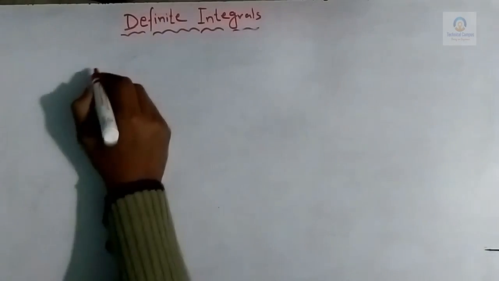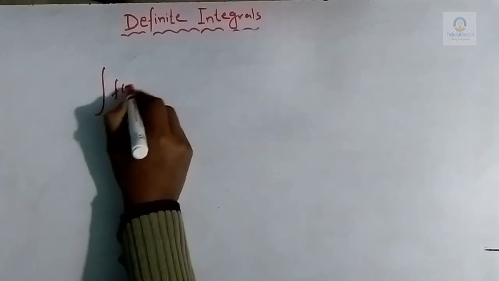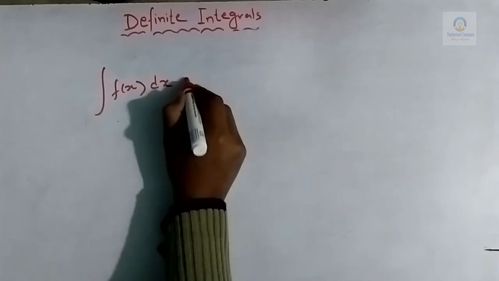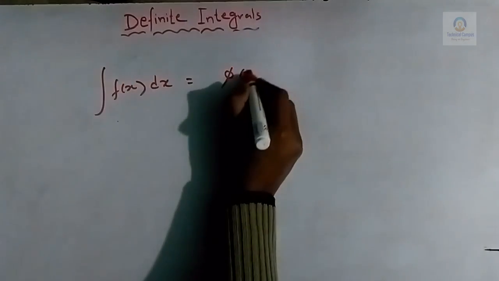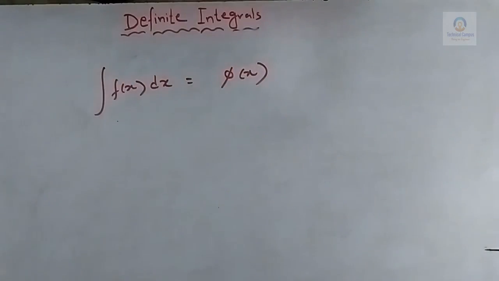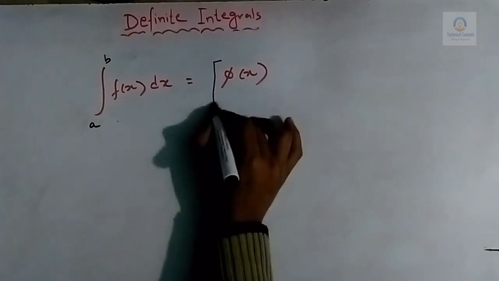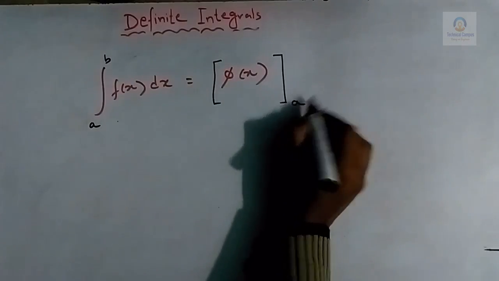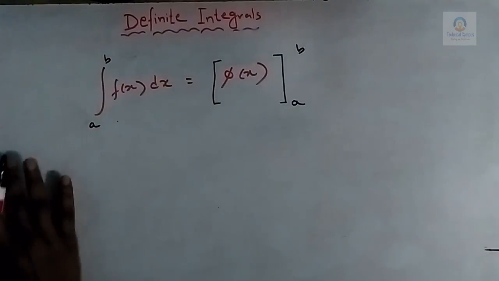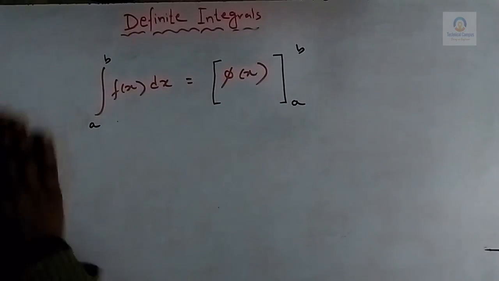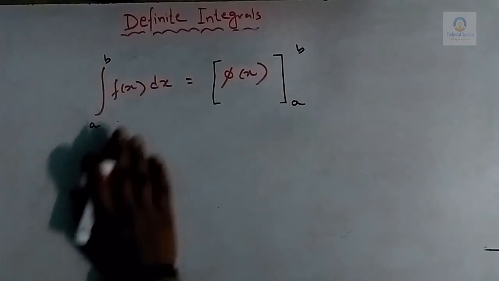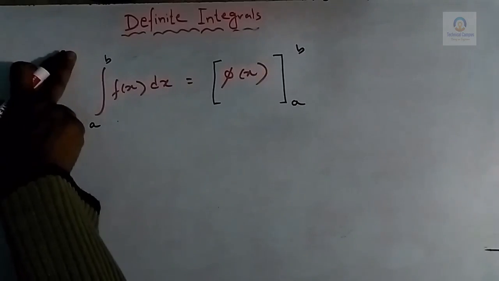Suppose we are defining a function f of x and the integration of f of x is phi of x. Now if we define the range of integration, suppose we are integrating this function from a to b, then we will get a value corresponding to a and b. So we will say that the definite integral of function f of x over the closed interval [a, b] is denoted by this.